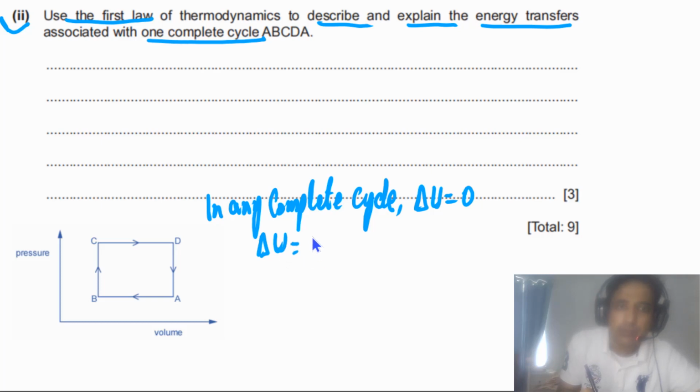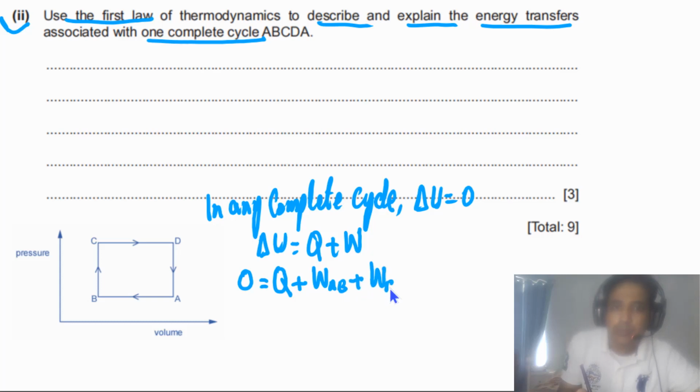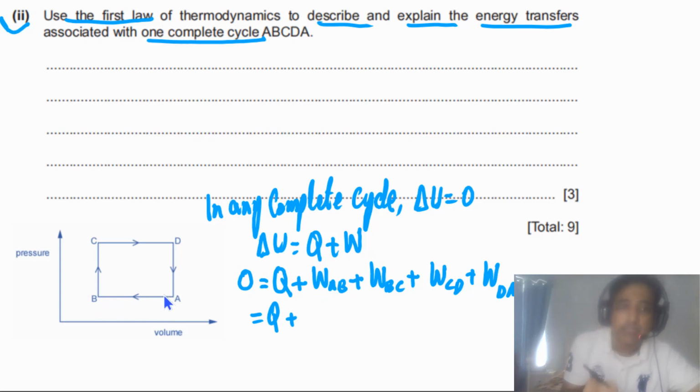We can say delta U is equal to Q plus W. We need to find out Q. Delta U in this case is equal to 0. So we can write Q here plus work done between A and B, plus work done between B and C, plus work done between C and D, plus work done between D and A. So here we have Q and work done between A and B. This work done is positive because gas is compressed.